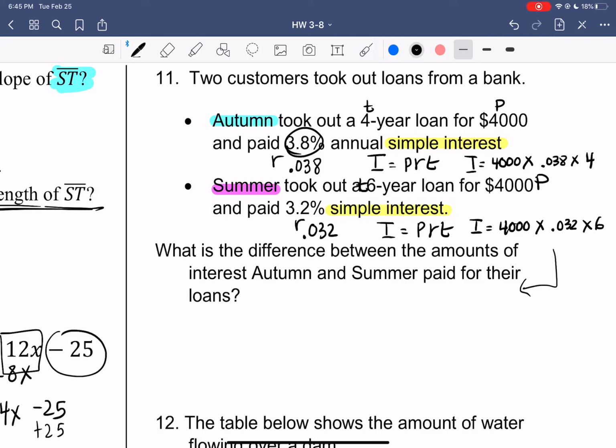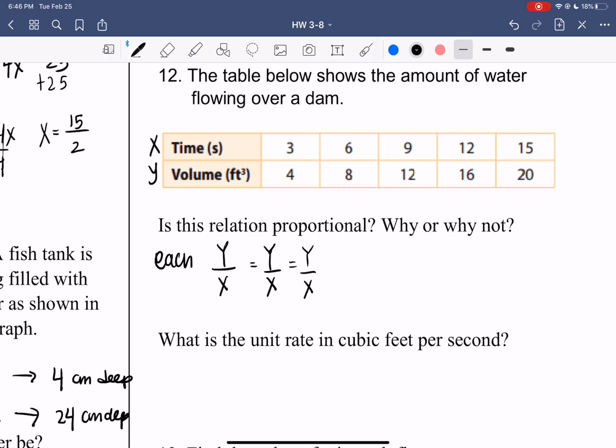So in order for it to be proportional, each y divided by x has to equal each y divided by x. So for here, my 4 divided by 3, is that equal to 8 divided by 6? So if I multiply by 2, we're okay. So to get to here, we're good.